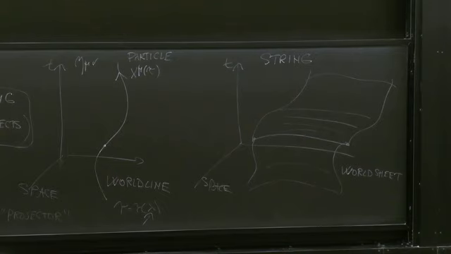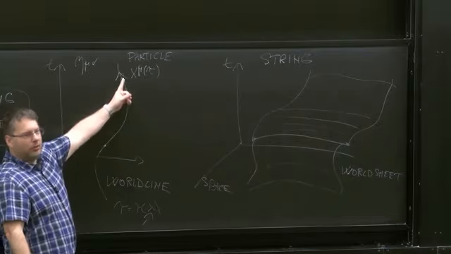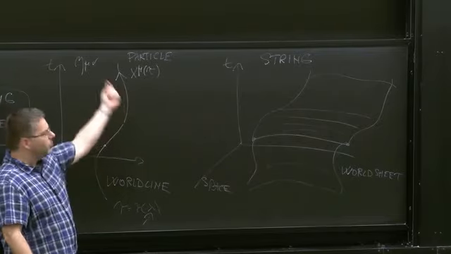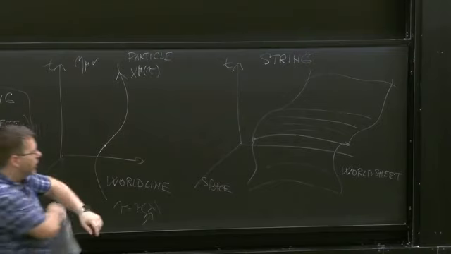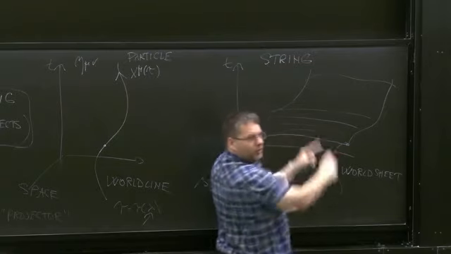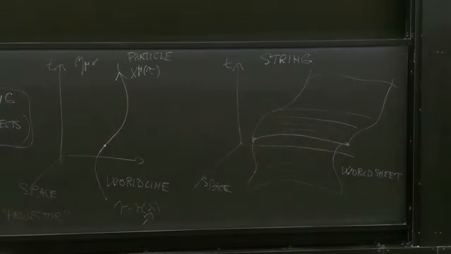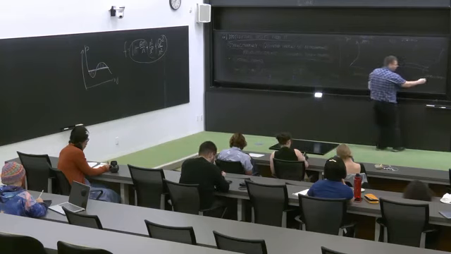How do I parameterize what's happening on that worldsheet? First of all, how many dimensions does the worldsheet have? Here my world line was one-dimensional, just a point sweeping out a trajectory. Here I have a line of points sweeping a trajectory, so the worldsheet will be two-dimensional.